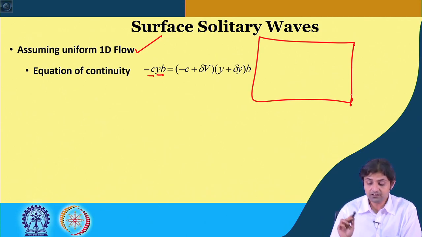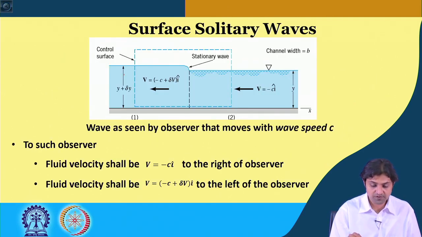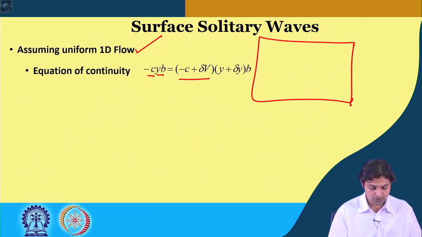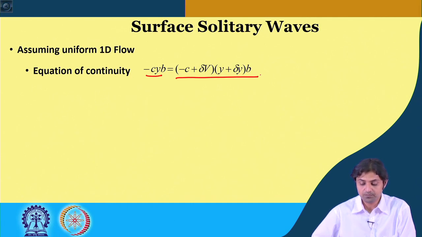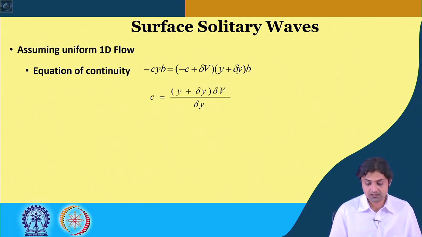On the left side the velocity to the observer is minus C plus delta V, and the area is going to be y plus delta y into B, and here it is y into B. We have used this same notation. So, minus C y B is equal to minus C plus delta V multiplied by y plus delta y into B. B and B should get cancelled.